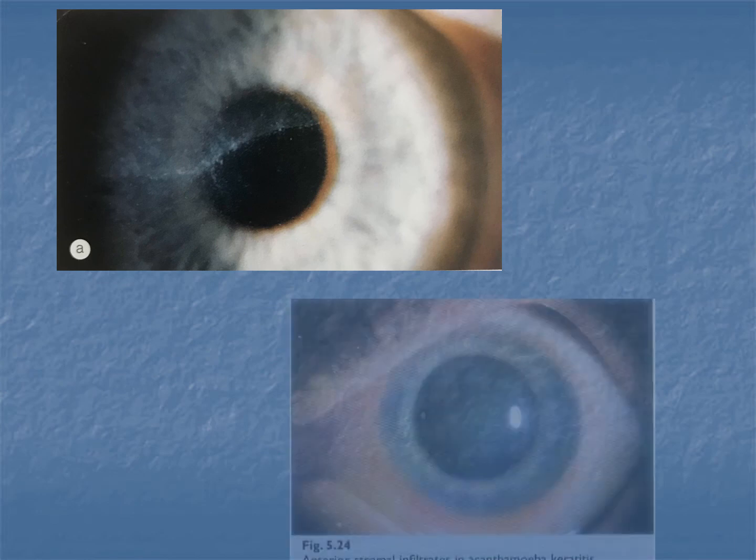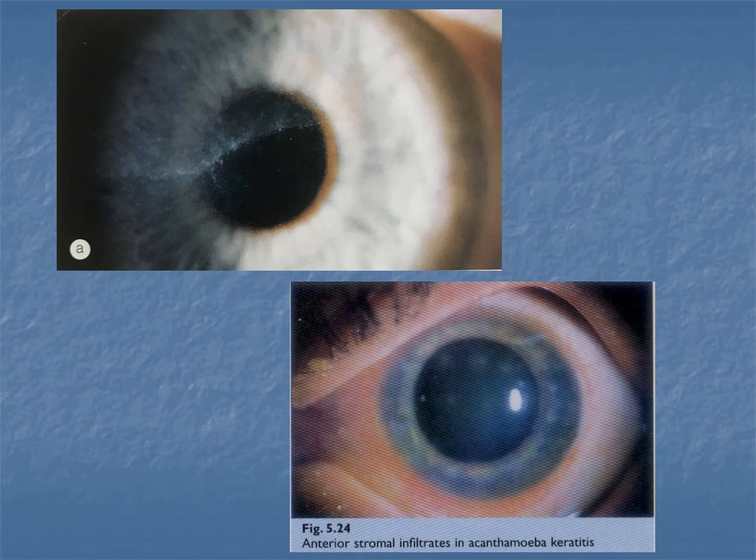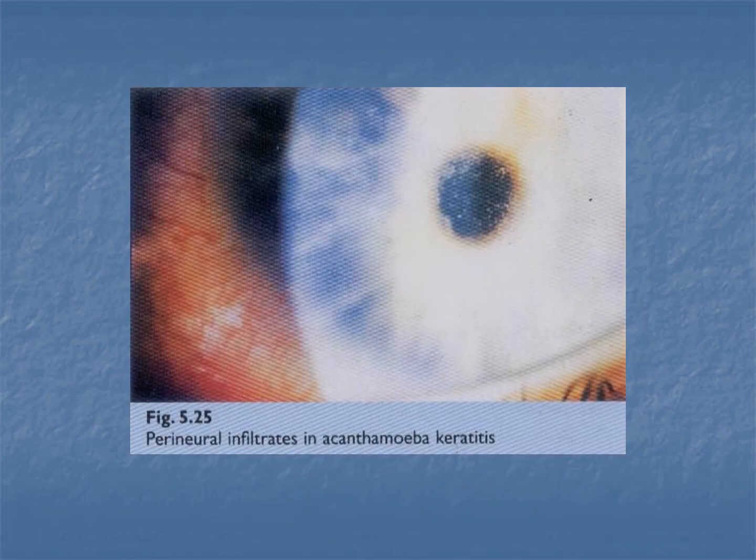In this picture, you can find the pseudodendrites. In picture A, you can appreciate epithelial pseudodendrites. And in the lower picture, there are anterior stromal infiltrates present. In this picture, you can appreciate perineural infiltrates in Acanthamoeba keratitis.